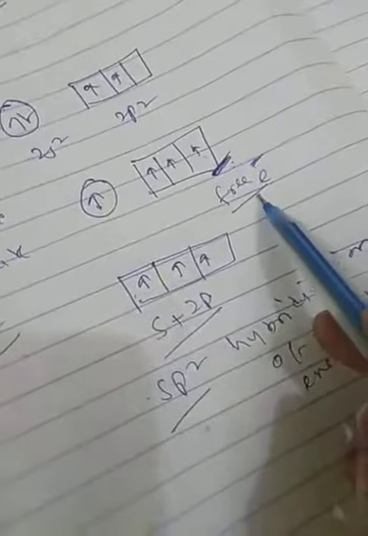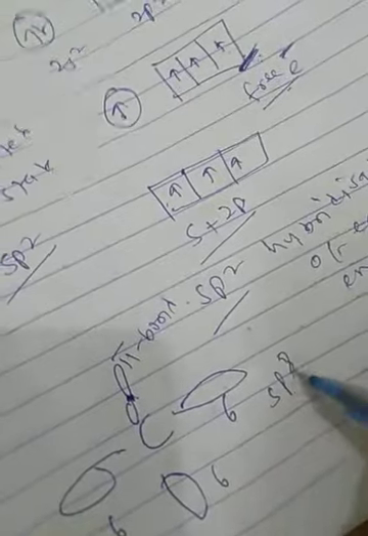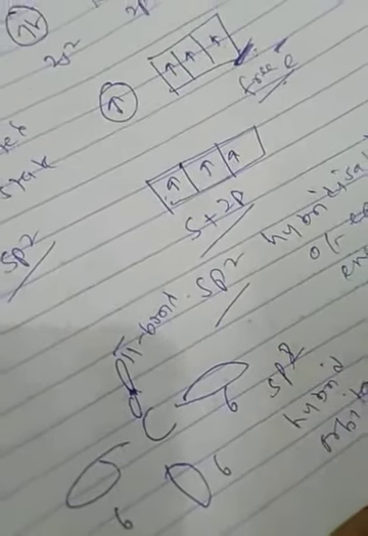This unpaired free electron forms a pi bond, and the carbon forms 3 sigma bonds with sp2 hybrid orbitals. Due to this free electron, they are soft.